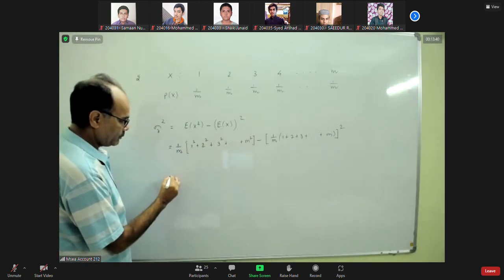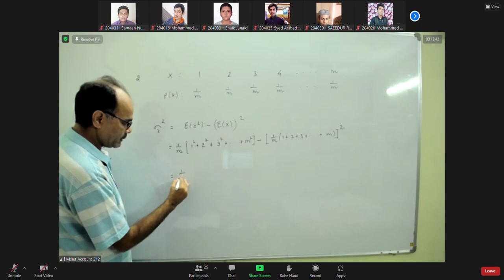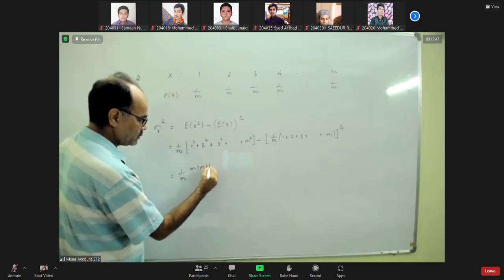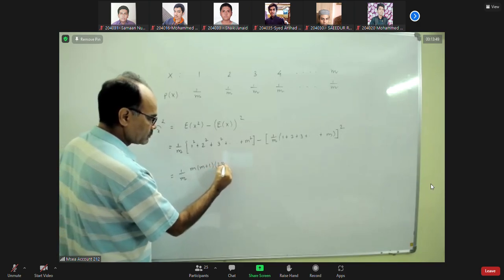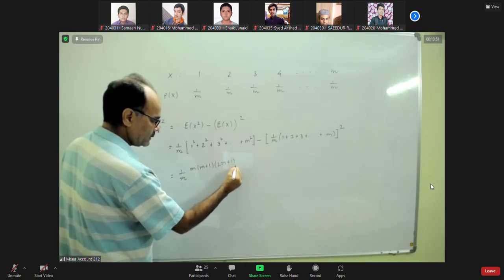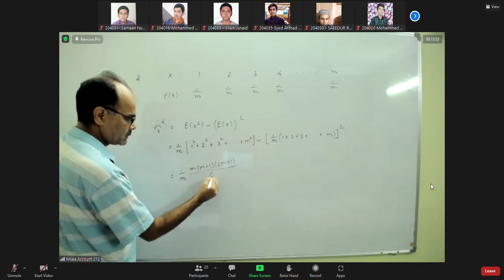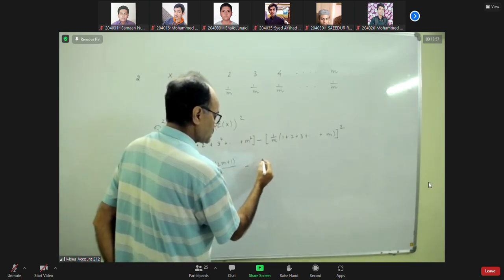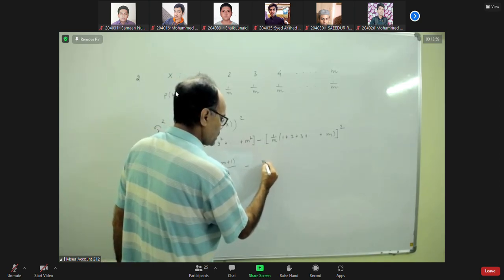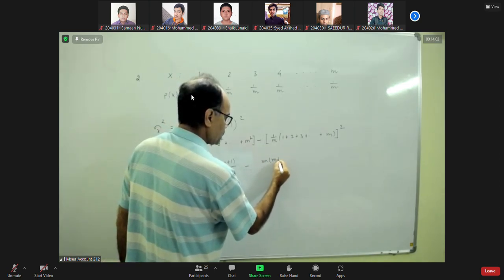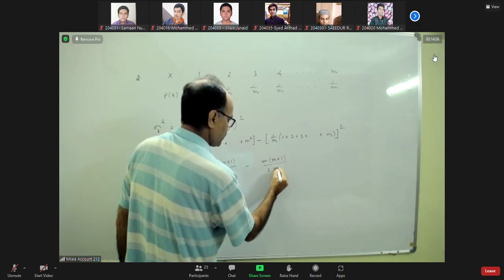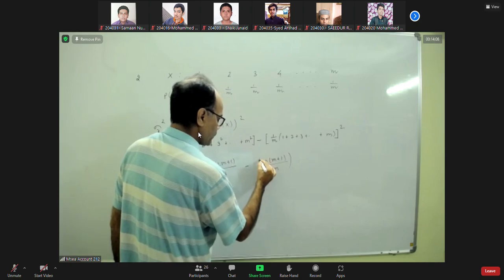Now the sum of squares of n natural numbers is n into n plus 1 into 2n plus 1 divided by 6, minus n into n plus 1 divided by 2n, whole square.